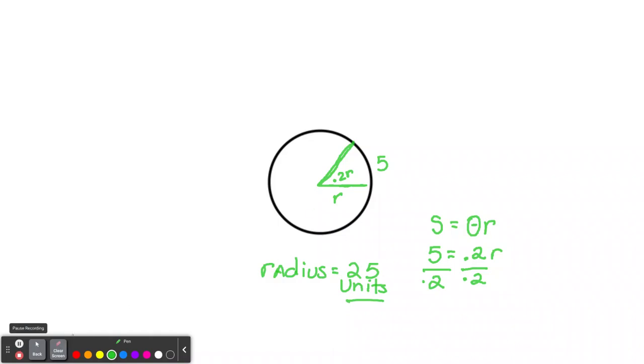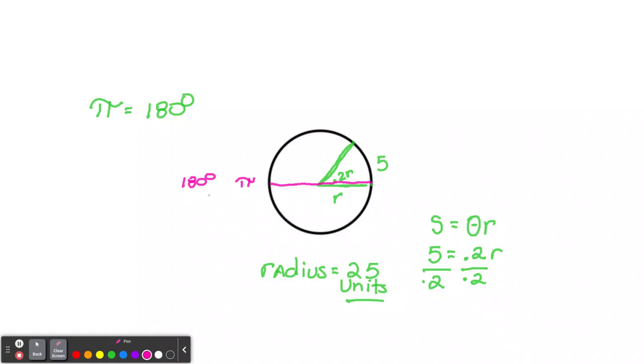Now, what if you didn't have the radians, and your teacher gave you degrees? So remember, it's very important that when we use pi, it's 180 degrees, right? Because when we did half the circle, it was pi. And we know half a circle is 180 degrees, so we do have to convert.